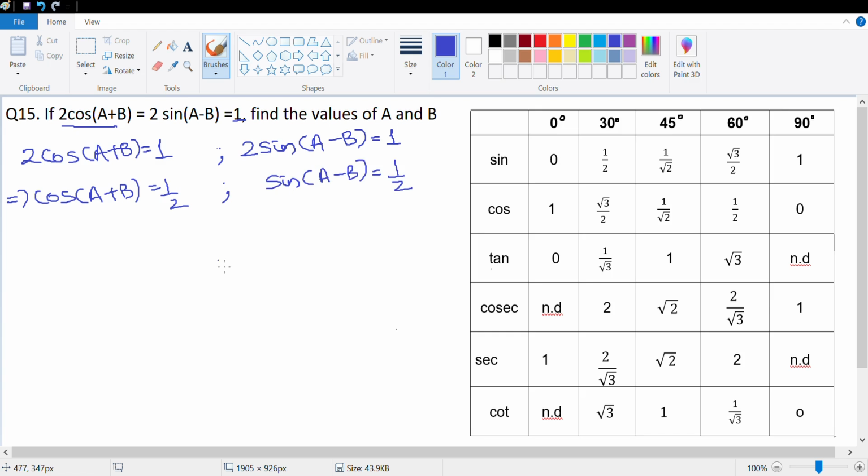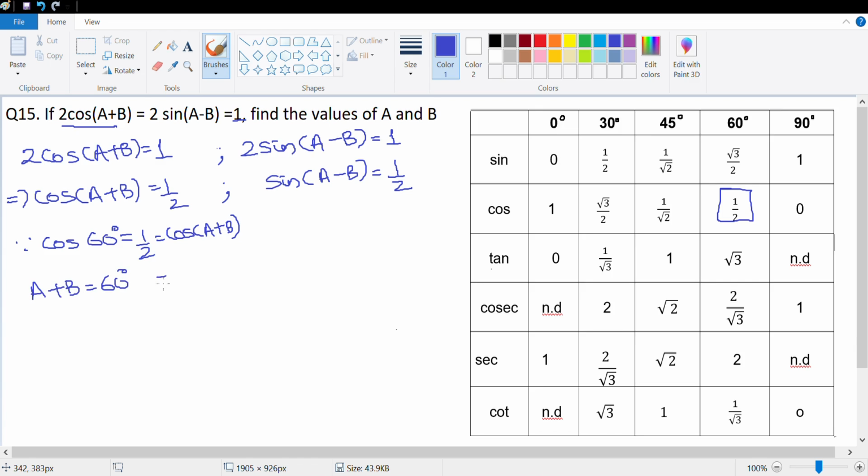Now let's look at cos value of half. Cos 60 degree is equal to half. So since cos 60 degree is equal to half, which is given equal to cos (a plus b), we get a plus b is equal to 60 degree.